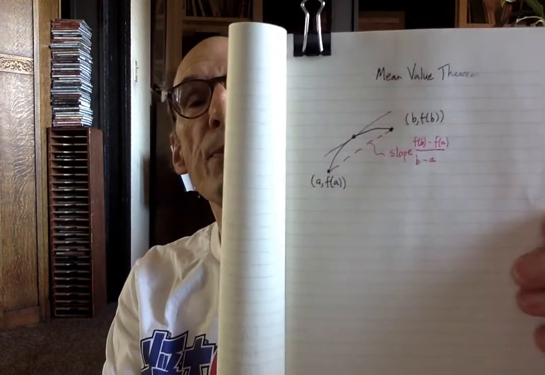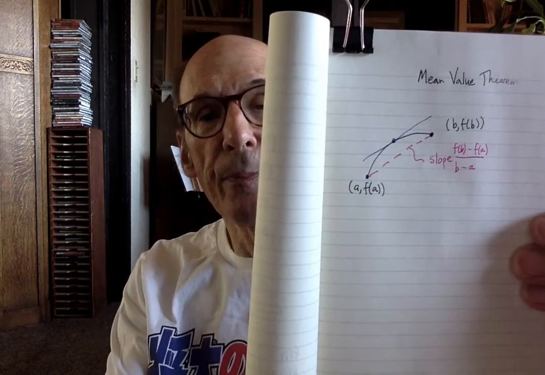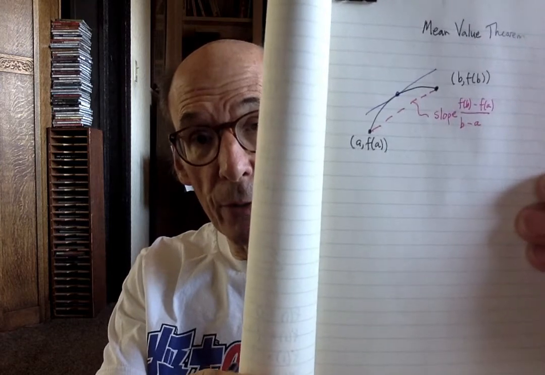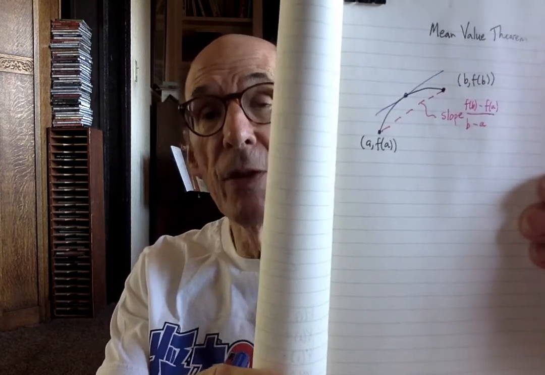Okay, so now we're going to throw something else into the mix, which is a tangent line. And it seems pretty intuitively clear to me that one of those tangent lines, like the one I've just drawn in purple, is parallel to the secant line that also represents the average rate of change.